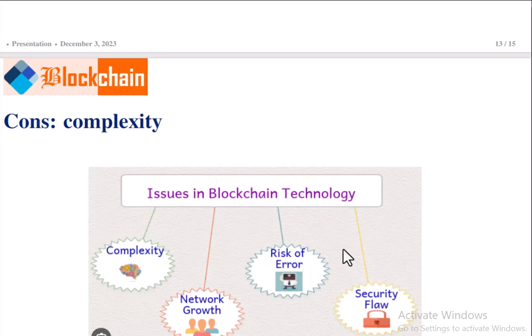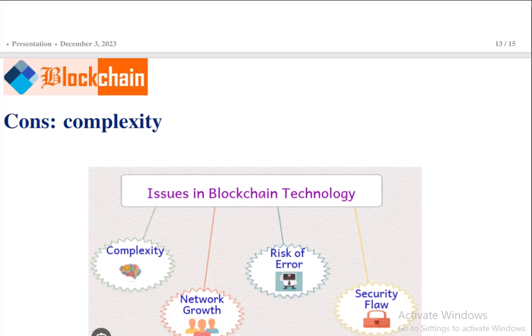Another drawback is lack of standardization. The various protocols in the blockchain platforms hinder collaboration and integration. Then there is potential misuse: cryptocurrency and blockchain technology can be misused for illicit activities, leading to regulatory and scrutiny issues.